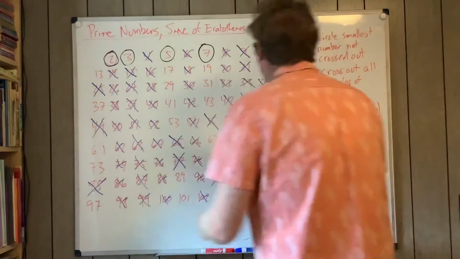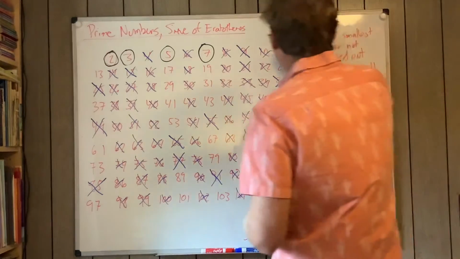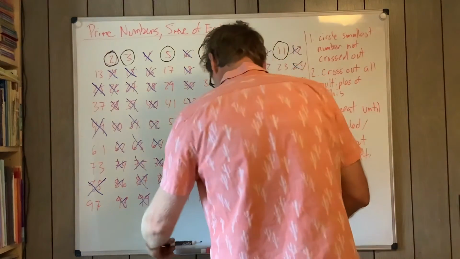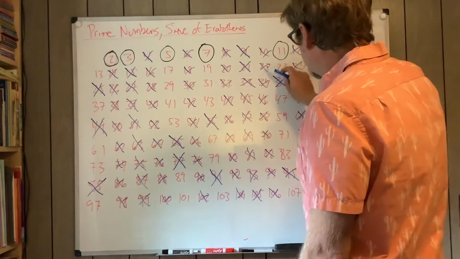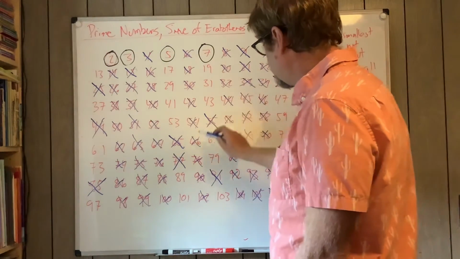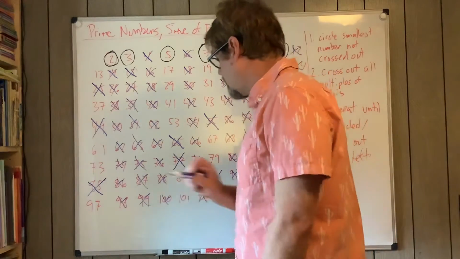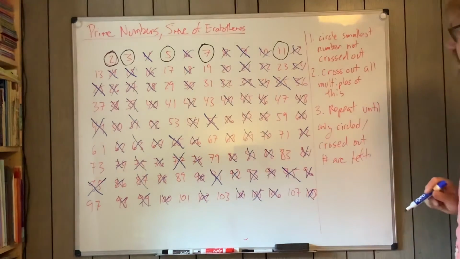All right, so what's next? 11. Okay, this one's actually pretty nice. All the 11s are 11, 22, 33, 44, 55, 66, 77, 88, 99. Those are all gone.